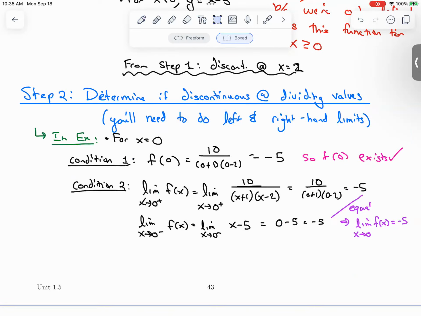So the limit as x approaches 0 of f of x exists. And condition 3 is vacuously satisfied.